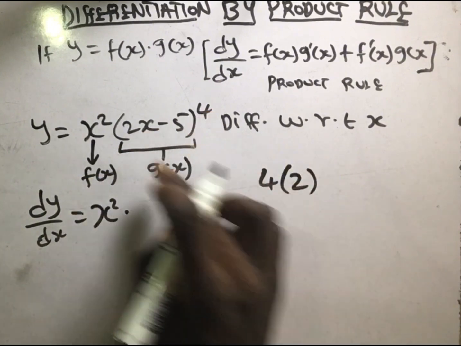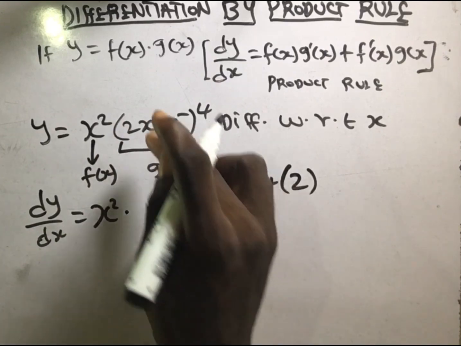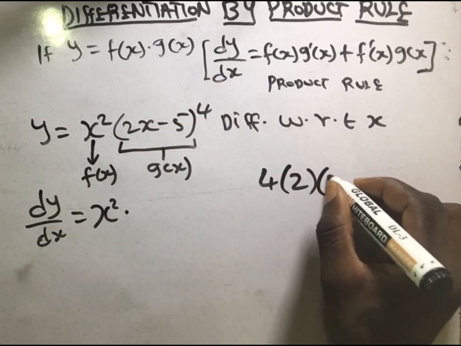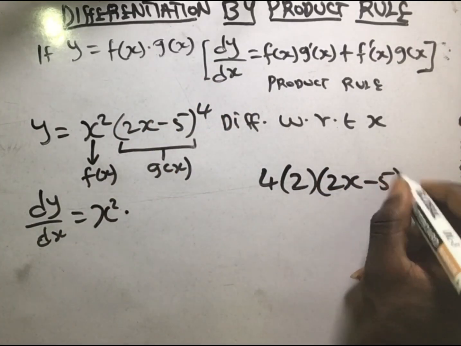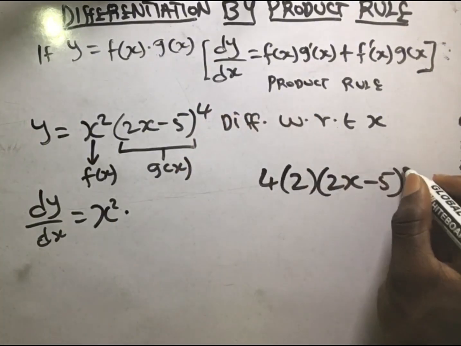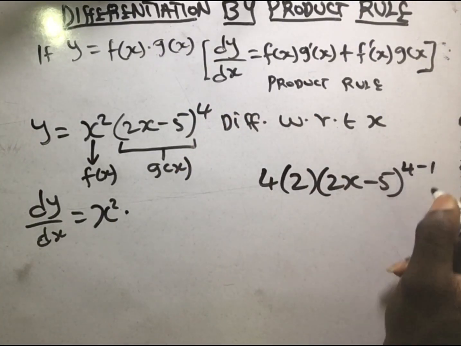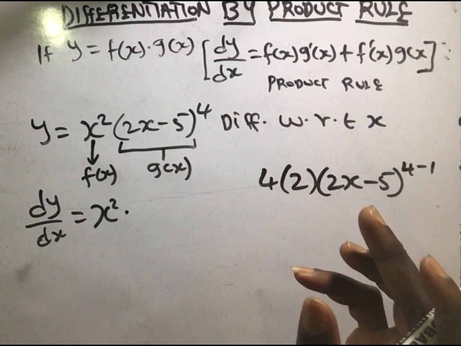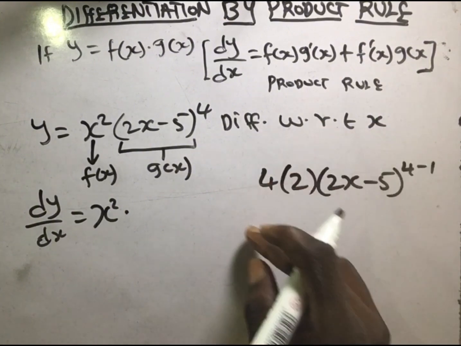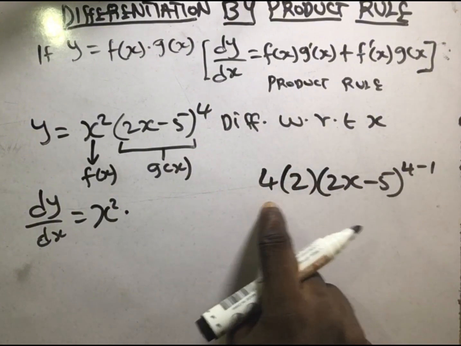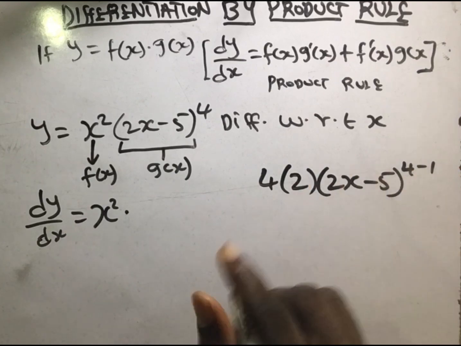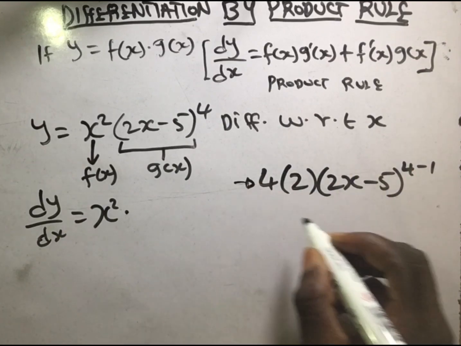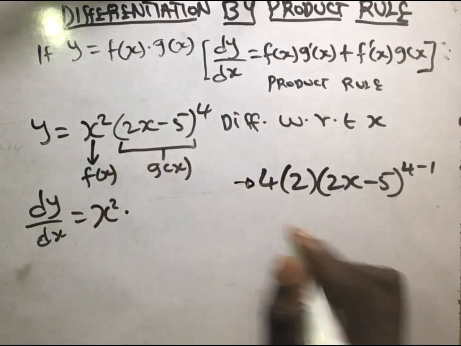The power comes down, you differentiate what's inside, you drop it. Then you rewrite what is inside, 2x minus 5, then minus 1 from the power, 4 minus 1. It's just like your normal power rule, where you bring the power down, multiply with the coefficient, and minus 1 from the power. Similar to that. That's what you do with chain rule whenever you have something like this.